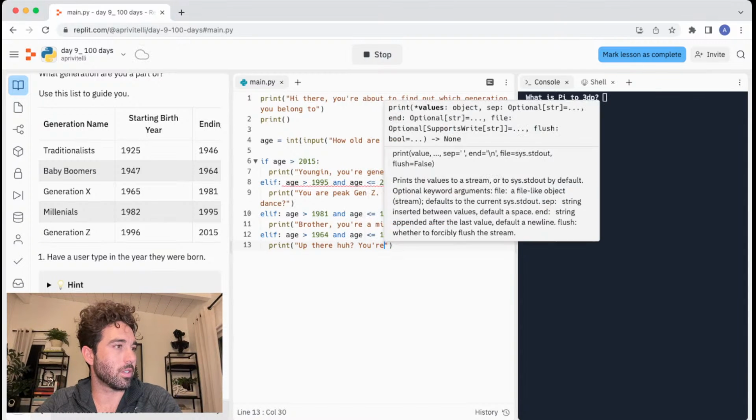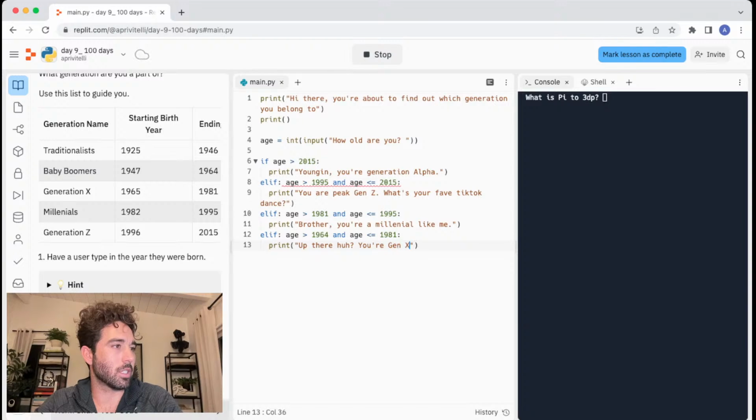You're Gen X. Elif, age is greater than, that's Gen X, is greater than 1946, and age is less than or equal to 1964, 64. Print.